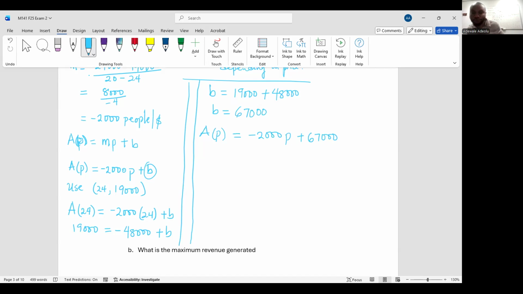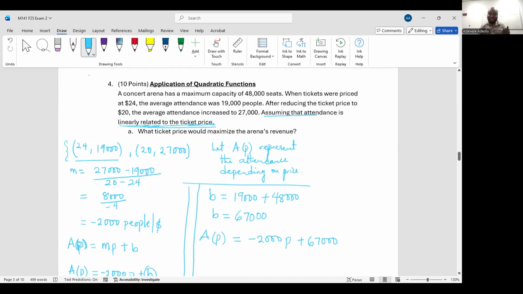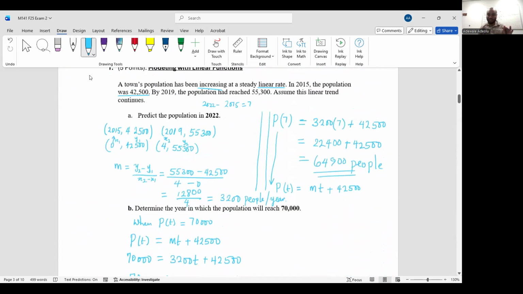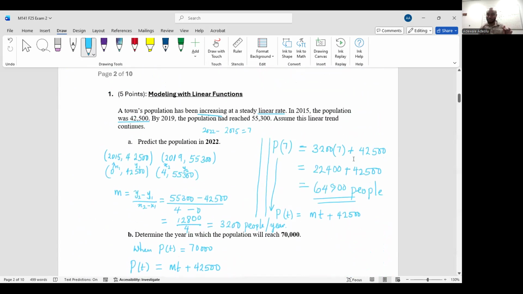So I just did exactly what we did on problem 1 here. The only thing is that it was easier, because I already considered the time.